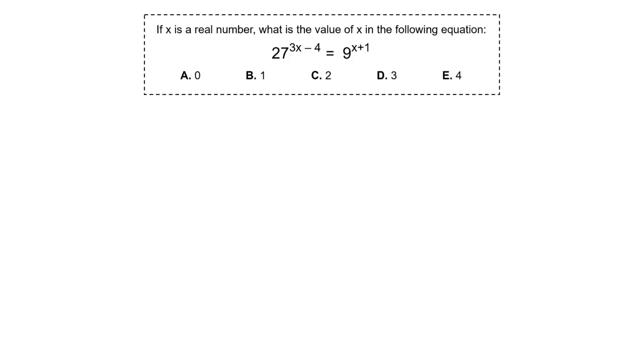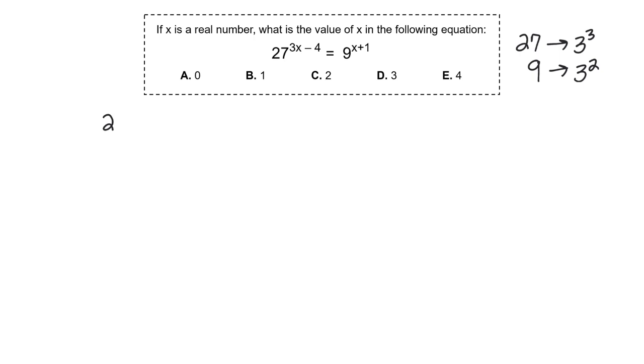Now let's take a look at this problem. It looks kind of hard at first because the bases are not the same. However, we can make both bases the same by noticing that they are both powers of 3. For example, 27 is equal to 3 to the 3rd power, and 9 is equal to 3 to the 2nd power. Using those facts, we can transform the equation.